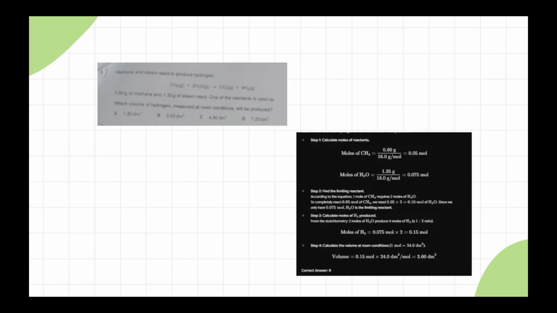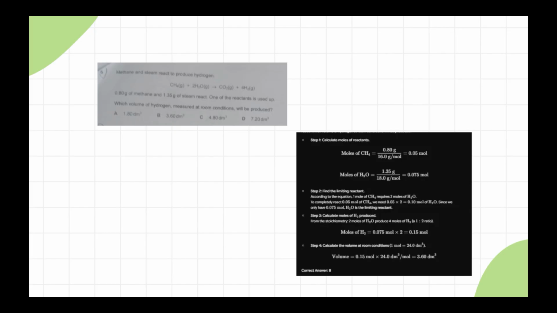Moles of CH4 equals 0.8 grams per 16 grams per mole, which equals 0.05 mole. Moles of H2O equals 1.35 grams divided by 18 grams per mole, so it equals 0.075 mole.